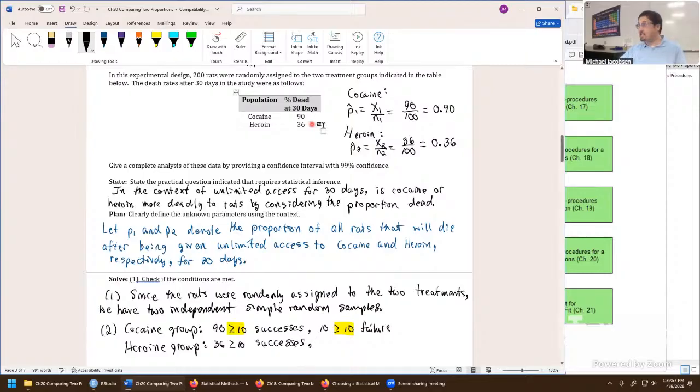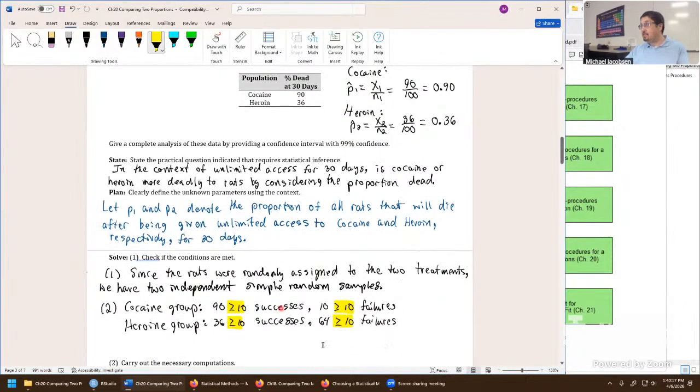There's 36 successes, and in a sample size of 100, that means altogether there'll be 64, which is greater than or equal to 10 failures. So once again, those 2 benchmarks are met. We're at greater than or equal to 10 on both sides here. So that means the total sample size of 200 was large enough.